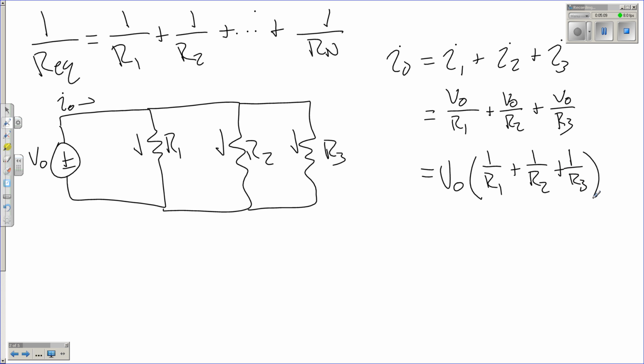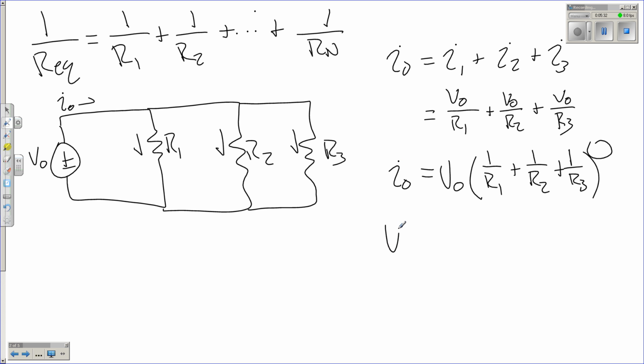But we're not quite done, as we were for the series. Because what we have here is an equivalent resistance that is equal to just, or not the inverse, right? Not the inverse. There's no -1 up here. Well, that's because, remember, we're still in current.